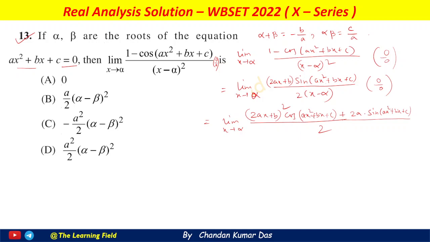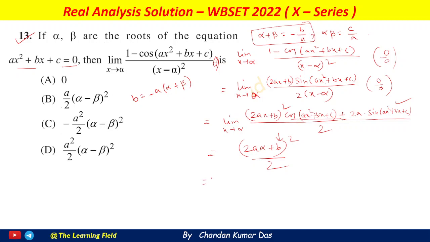Now cos of this is equal to 0, that means this gives 1, cos 0 gives 1, and x tending to alpha means this is simply (2a alpha plus b) whole square by 2, and if we put in the value, then the other term goes to 0 again. But the options are not in terms of b, the options are in terms of alpha and beta. Now we simply put the value of b from here, therefore we get b equal to minus a into (alpha plus beta).